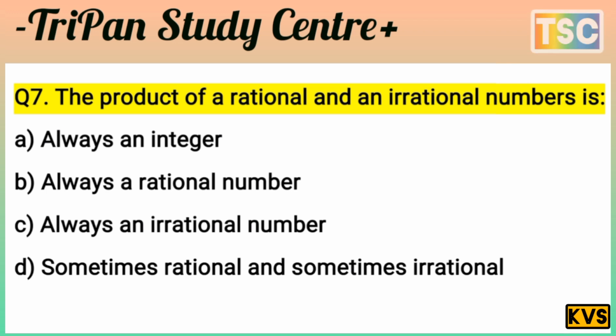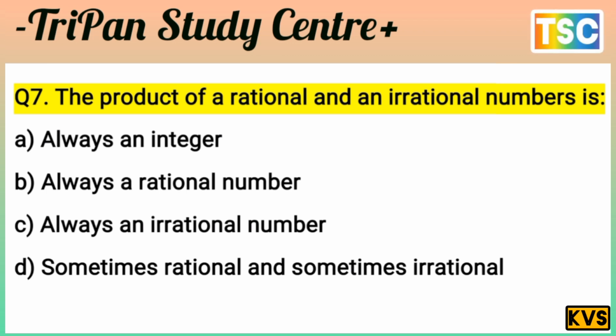The question is: the product of a rational and an irrational number is always an integer, always a rational number, always an irrational number, or sometimes rational and sometimes irrational. A, always an integer, is wrong. That is not an option. B, always a rational number, is nothing, because the product of a rational and an irrational number is not a rational number.